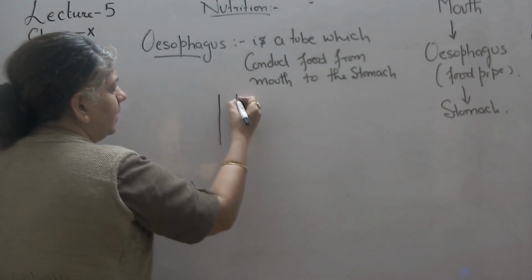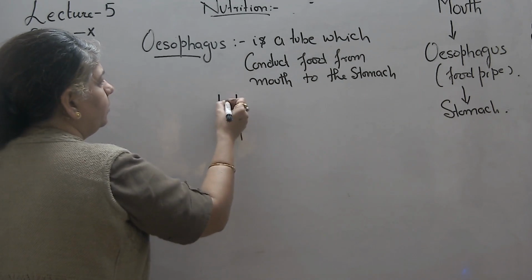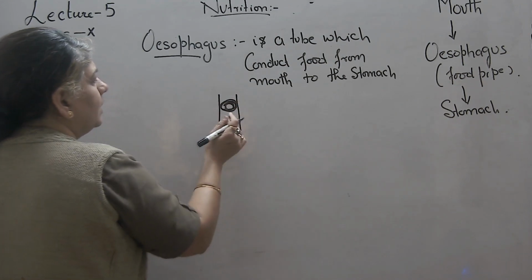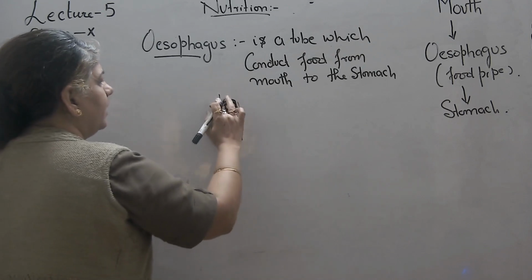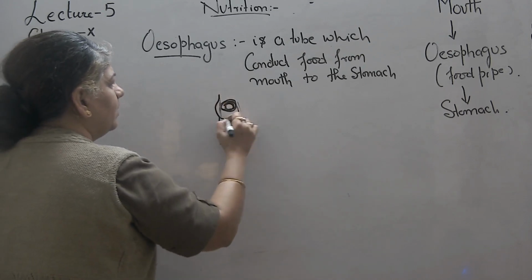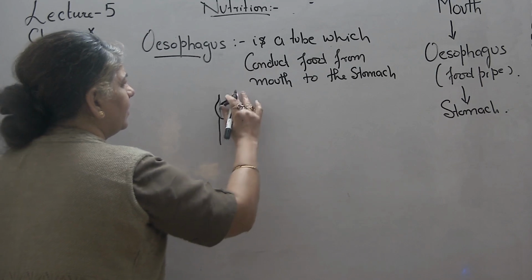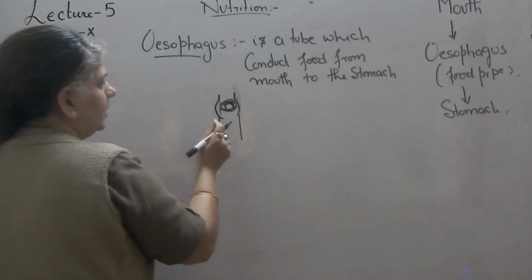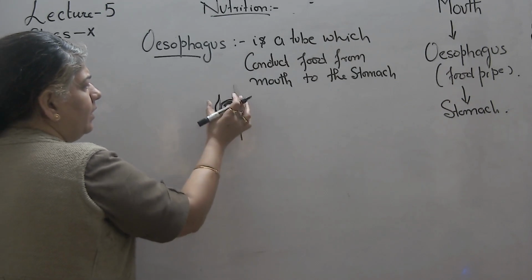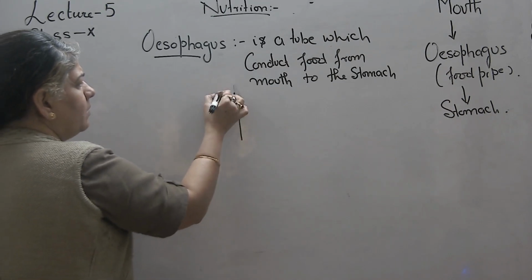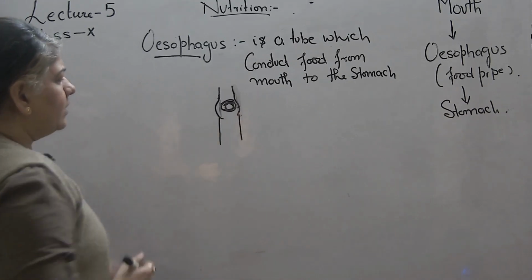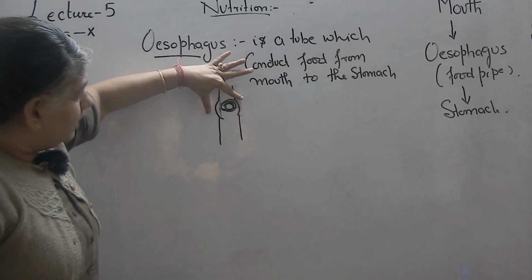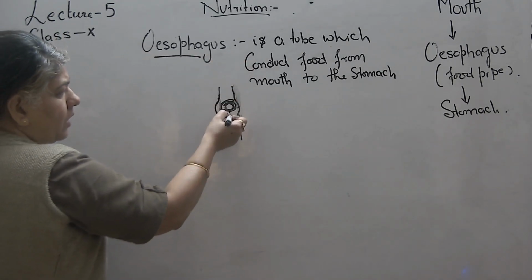Bolus, the food mixed with saliva, comes into the esophagus. Here the muscles will expand, and then the upper part of the muscle will contract. So this part contracts and this part expands, and it pushes the food downward.